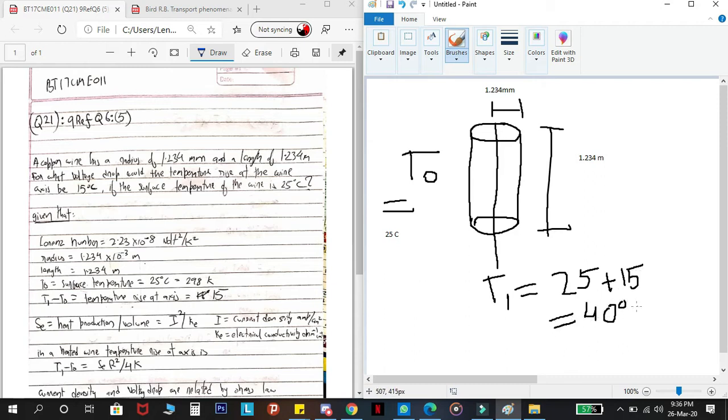So the question is asking us to find out how much voltage drop would you need to apply to get the wire at the axis of this wire at 40 degrees Celsius, which is a 15-degree rise.